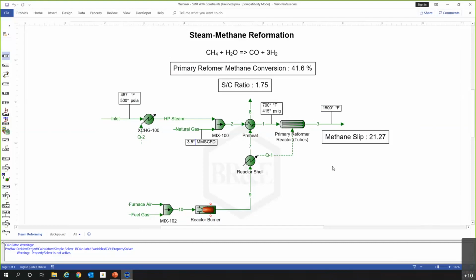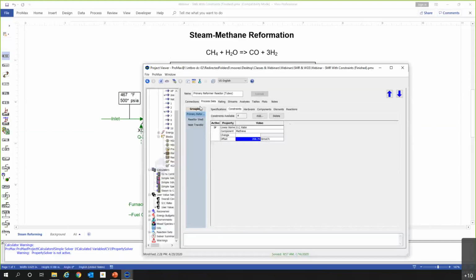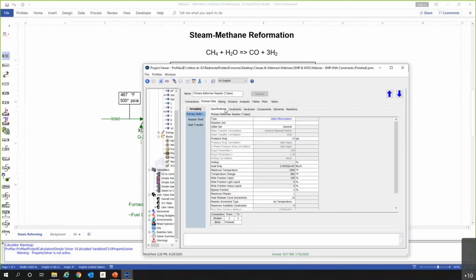Before we get into that, I want to talk about what kind of reactor we're going to be using. So today we're just going to be looking at a Gibbs minimization reactor. So what is Gibbs minimization? It's going to minimize the Gibbs free energy of the components going into the reactor.